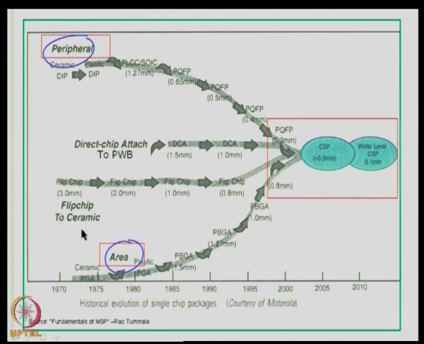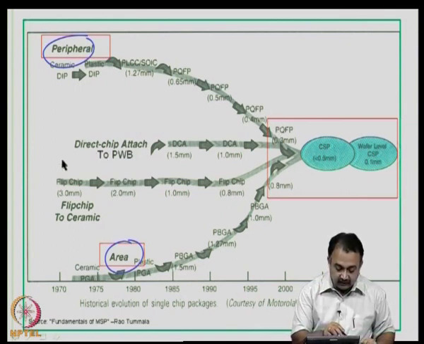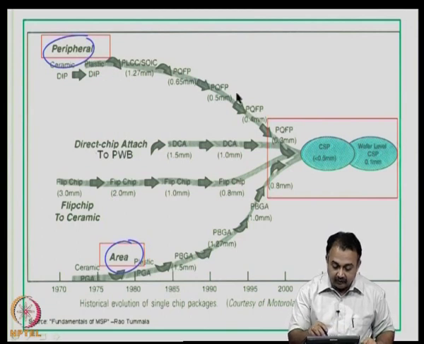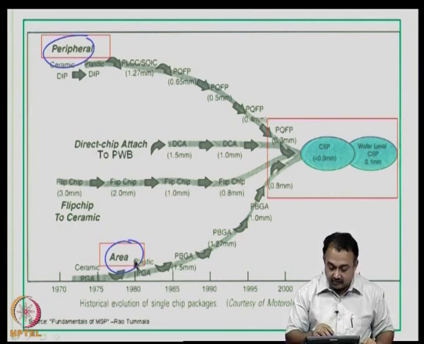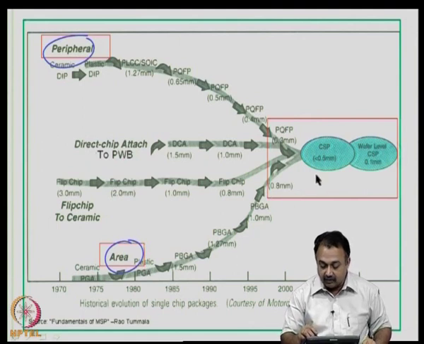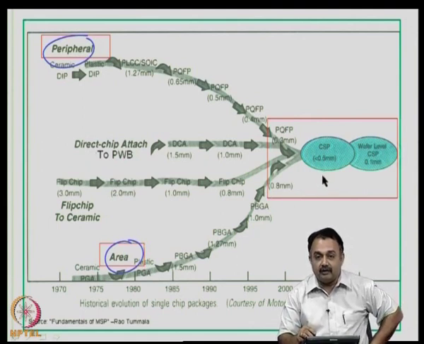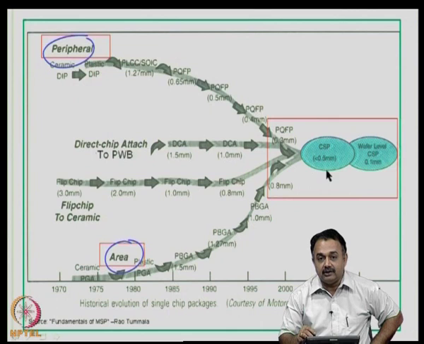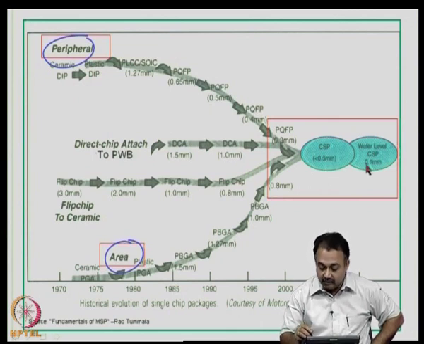Flip chip to ceramic, 3 mm, 2 mm, 1 mm, 0.8 mm, and what next? So, all of these technologies that we have seen, with a very high growth rate in terms of lowering of pitch, have now culminated in a very new technology called chip size package or chip scale package, or it can also be known as wafer level CSP.